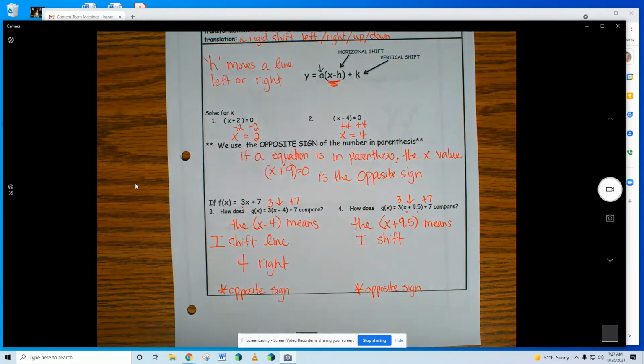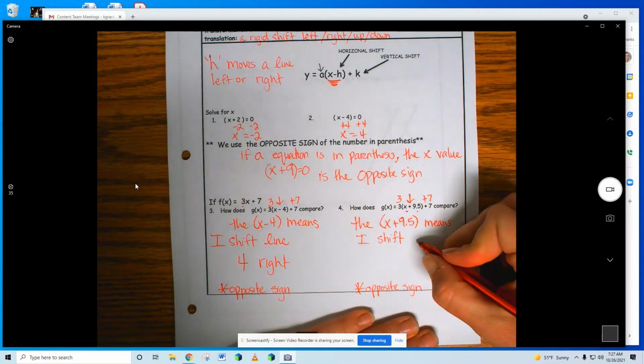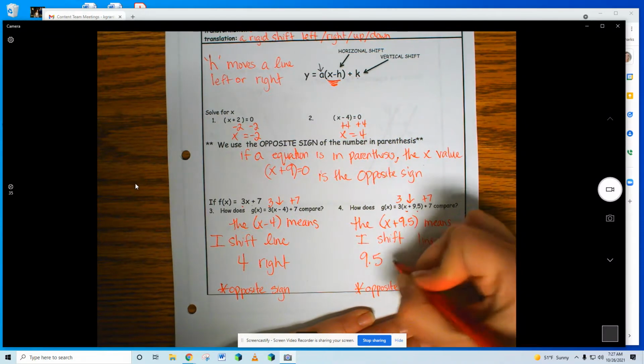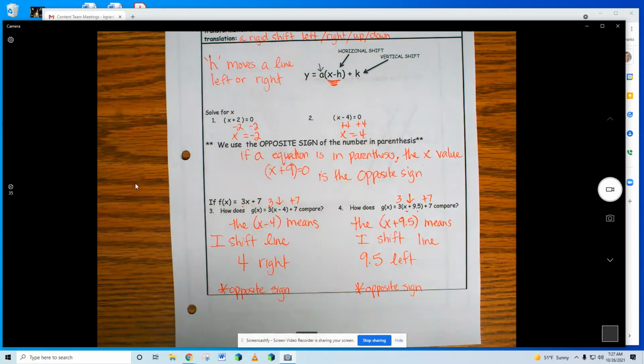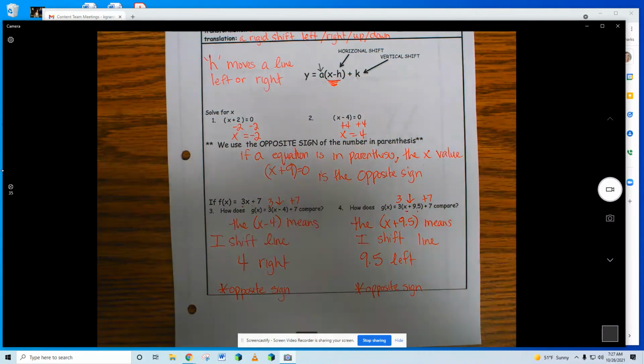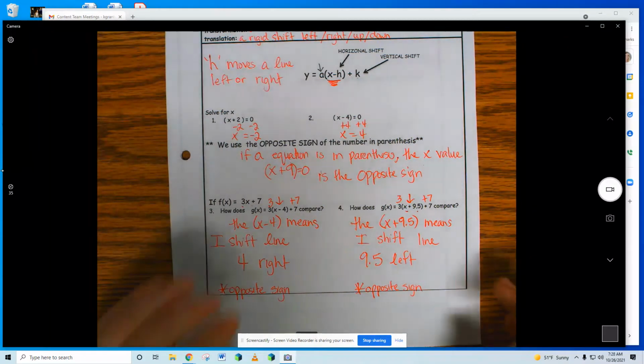Volunteer. What does this plus 9.5 mean? Left. I shift the line 9.5 to the left. Very good. Okay. Next page.